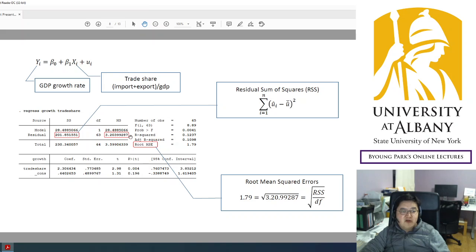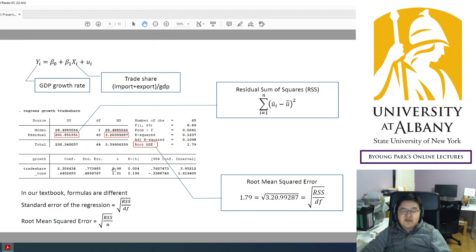So you just take the root of this number, which is again the root of the residual sum of squares divided by its degrees of freedom. By the way, root mean squared error is defined in this way, but its definition is also different from our textbook. In our textbook, they use the same formula for the standard error of the regression. So the standard error of the regression is the square root of RSS divided by degrees of freedom, exactly what we calculated here.